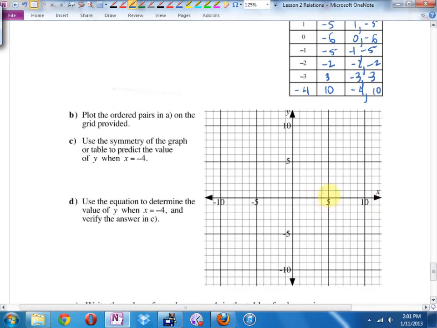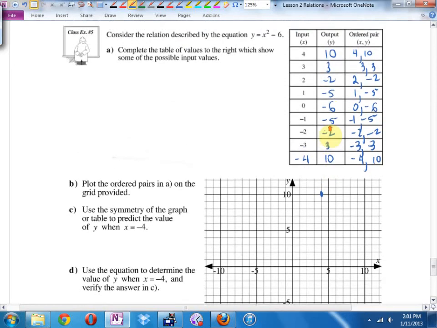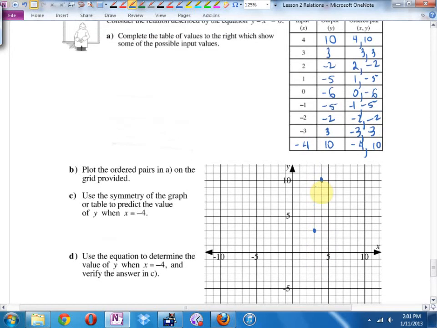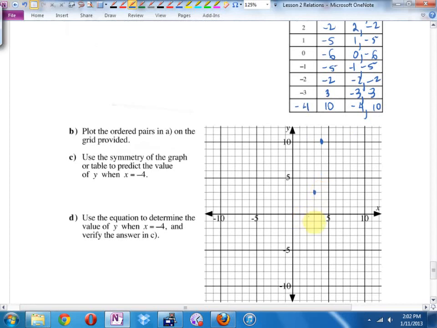4 over, 1, 2, oh, 10 up, I can do that. 3 over, 3 up. 2 over, negative 2 down. 1 over, negative 5 down. 0 over, negative 6 down.